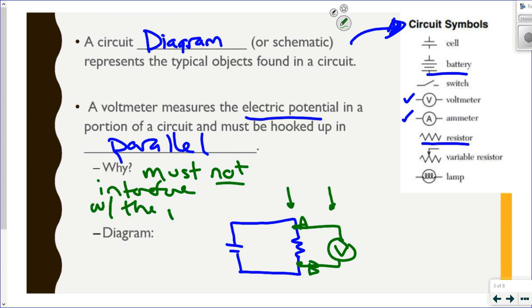Sorry if that's a little messy. What I don't want to do is interfere with the flow of the charges. They're still going to flow normally as they do within our circuit. The voltmeter is an additional component that will then measure the change across our resistor.